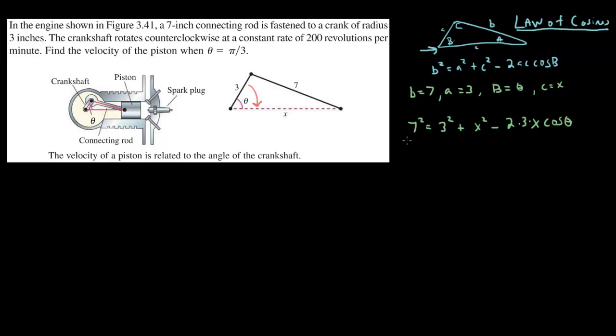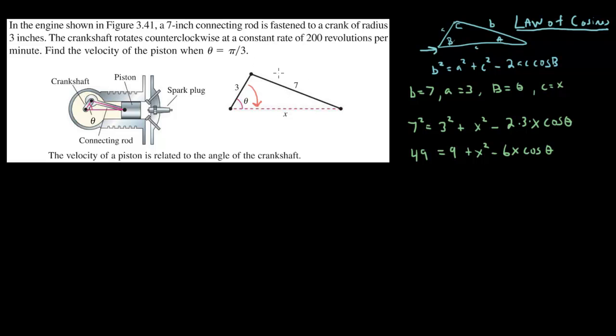So let's clean that up slightly. 49 equals 9 plus x squared minus 6x cosine theta. So there's the equation that relates these items.